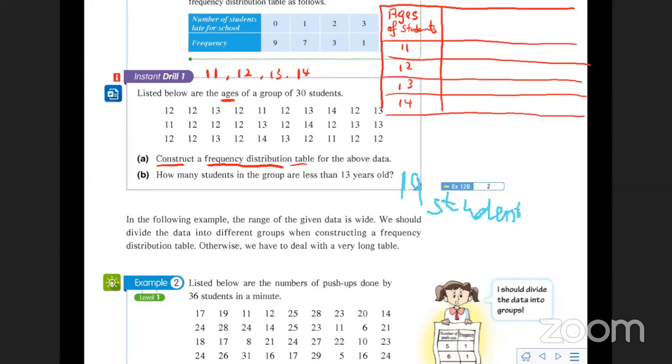And then we do the tally. Therefore you do it. You continue.